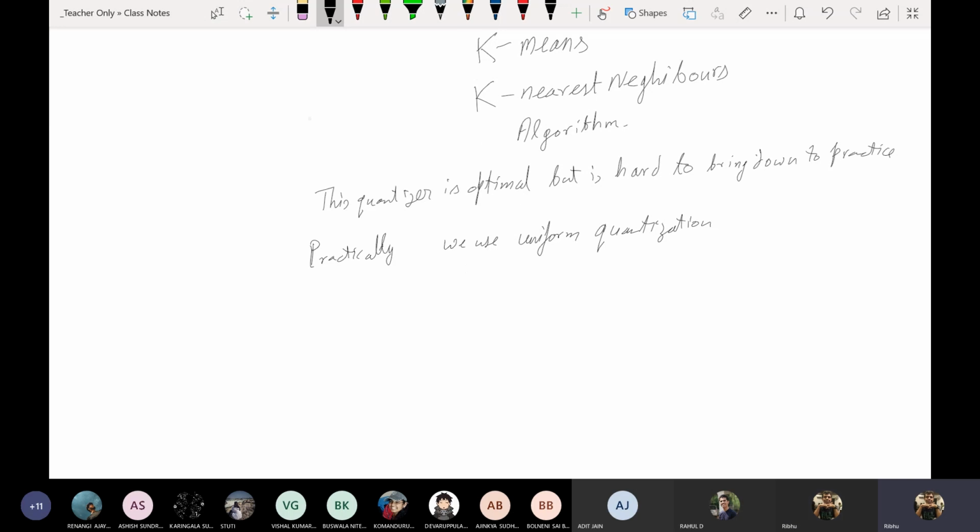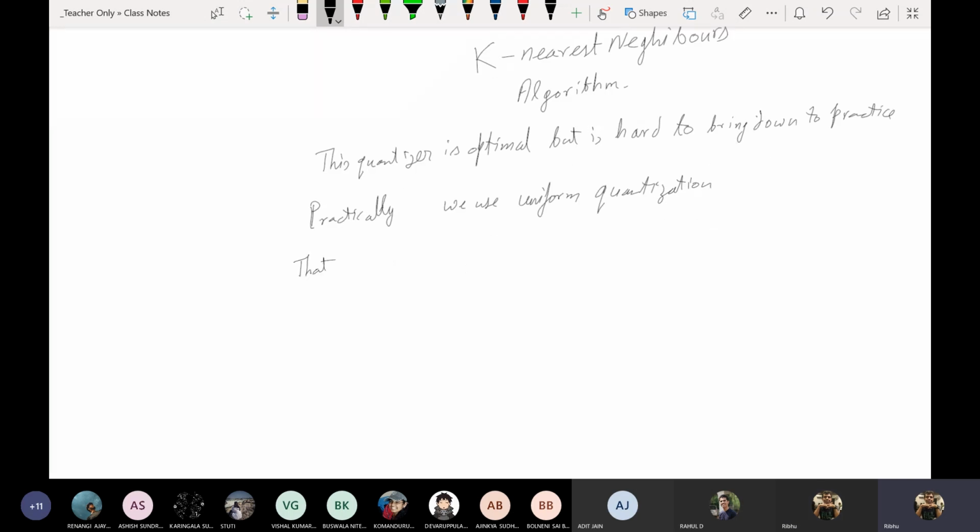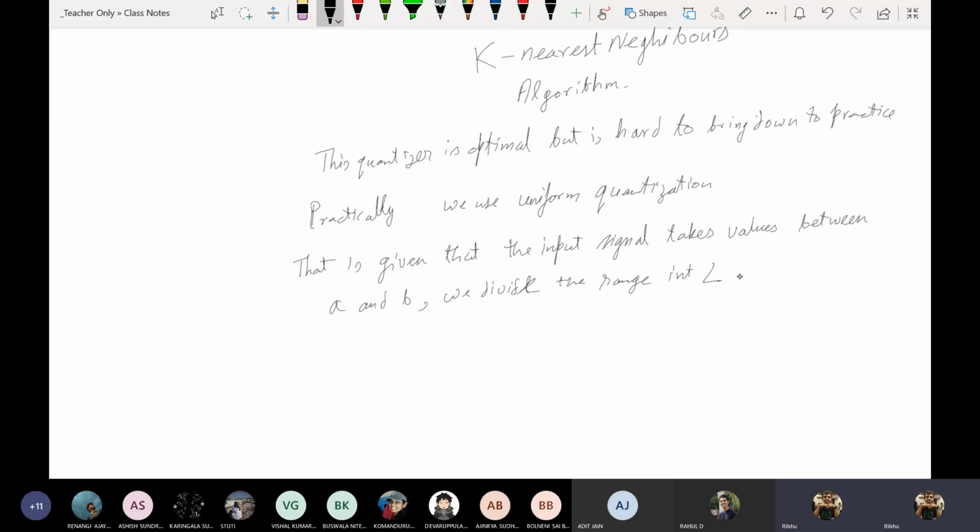That is, given that the input signal takes values between A and B, we divide the range into L equal levels.